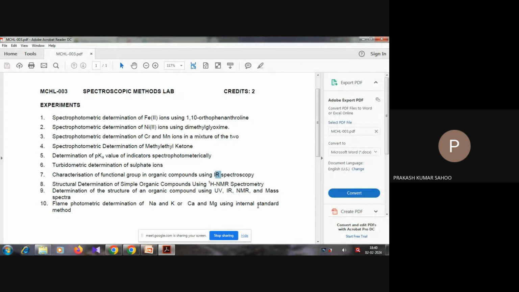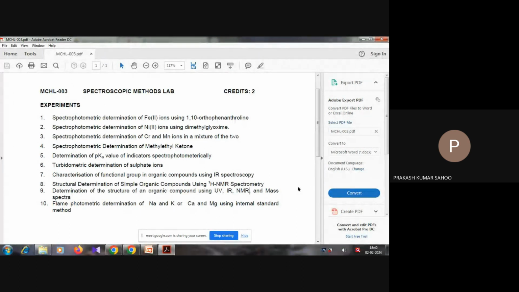If we go for a physical mode of practical classes, then only the UV analysis can be done, because in most degree colleges IR and NMR instruments are not available, as these instruments are very expensive.